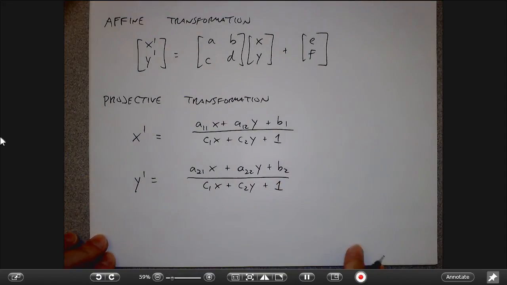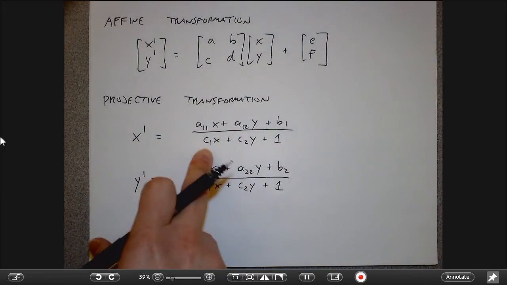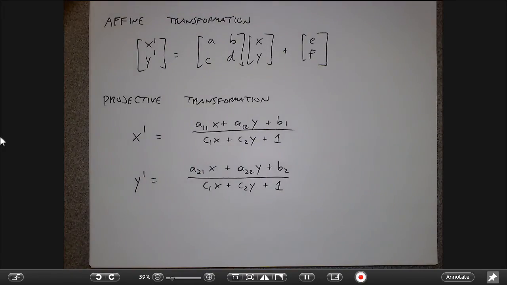This is kind of like a generalization of an affine transformation, in the sense that if I made these C's in the denominator 0, then I would just have a normal affine transformation. Adding this denominator part is what allows me to do some more arbitrary transformations of the image.